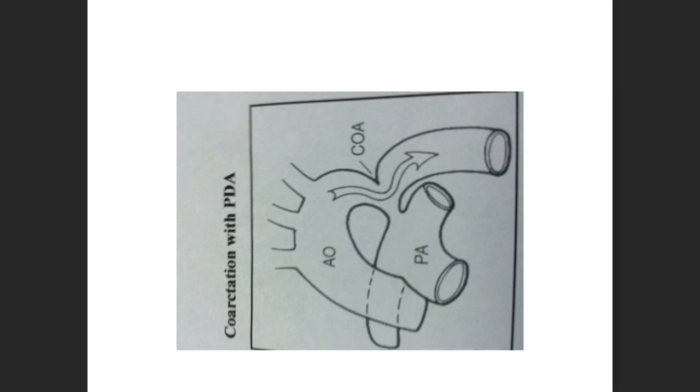So blood flows around the obstructed area. Once the ductus arteriosus closes, there's a smaller area for blood to flow across. So coarctation becomes more prominent when the ductus arteriosus closes.